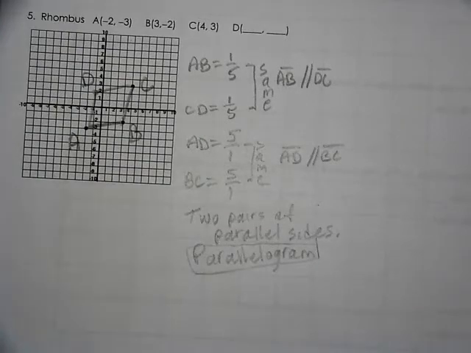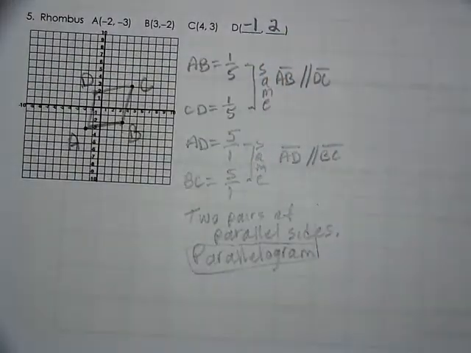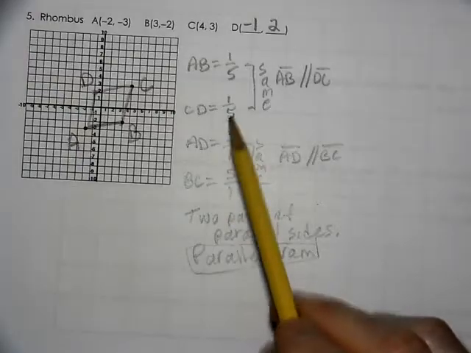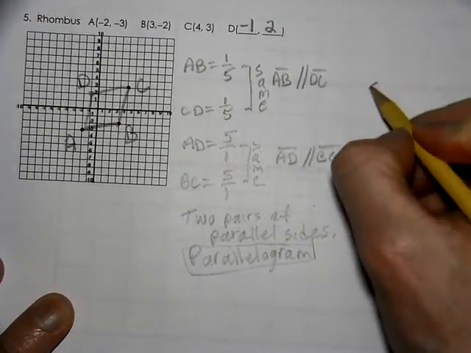So point D is at negative 1, 2. So if that's our parallelogram, we look at the slopes and we see that they are not opposite reciprocals.